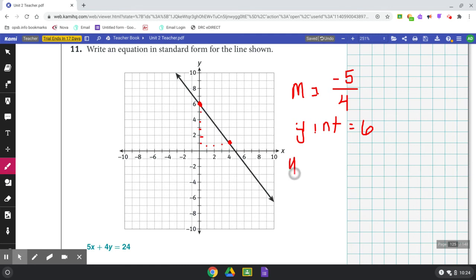So your equation is y equals mx plus b. Okay, if I want to write this in standard form, I would add 5/4 x to both sides.